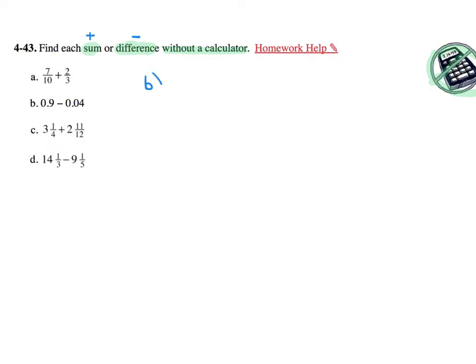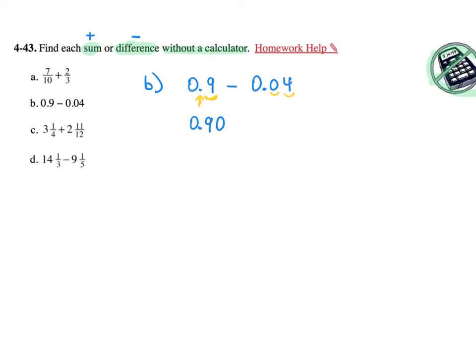When I'm given decimals with adding or subtracting, in this case subtracting, I really need you to make sure we know the decimal place value. This is in the place of the tenths. This is two places, so it has the place of the hundredths. Before we even do the lining up, I would write them to have the same place value, so I would add a 0 when I need to.